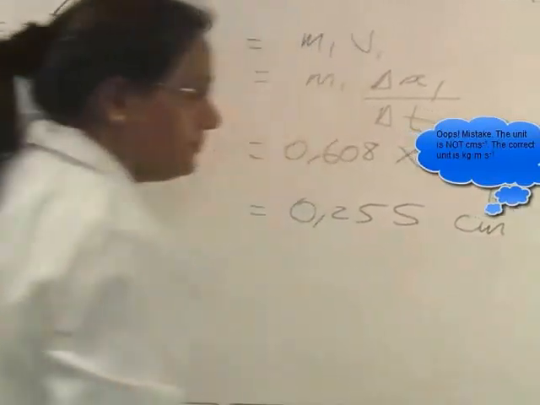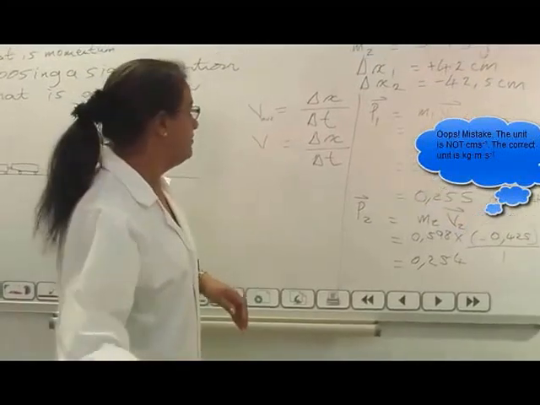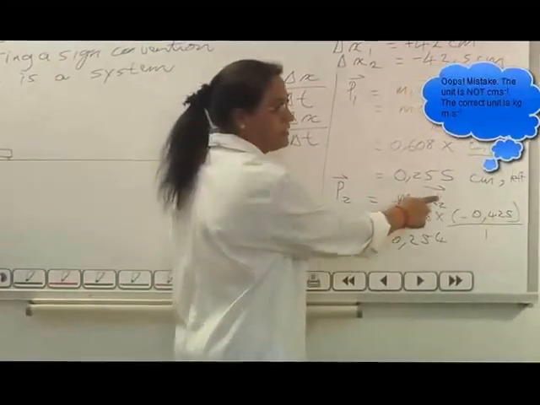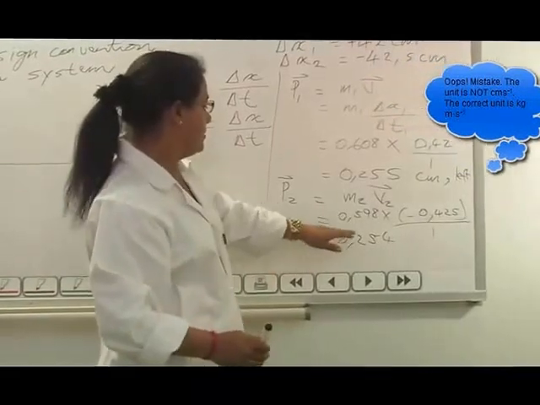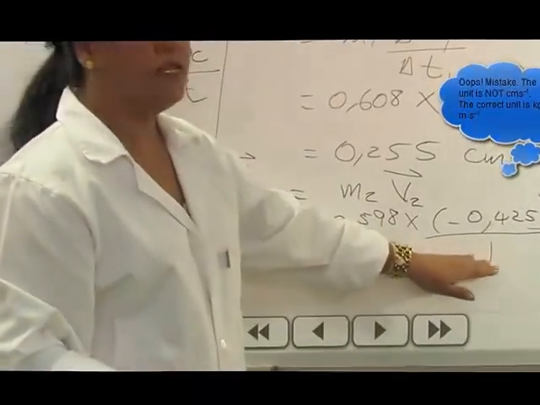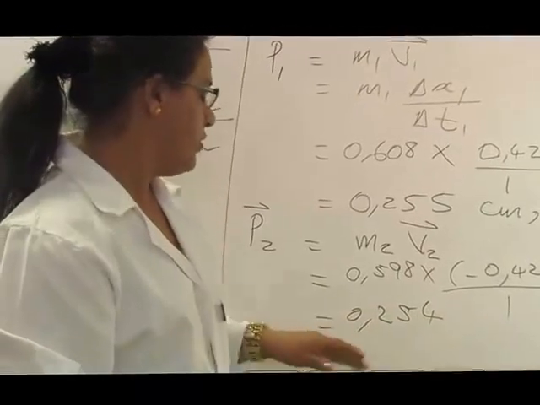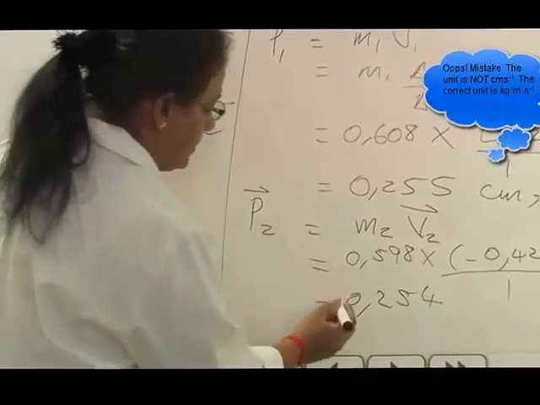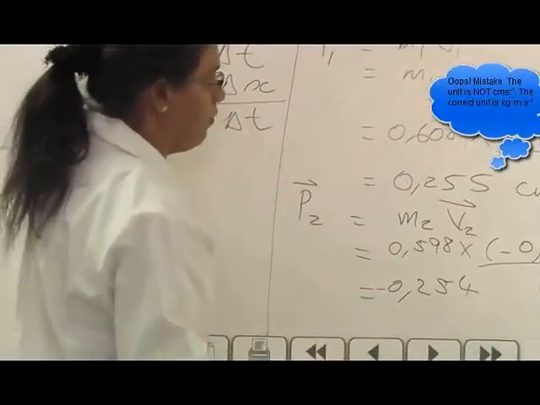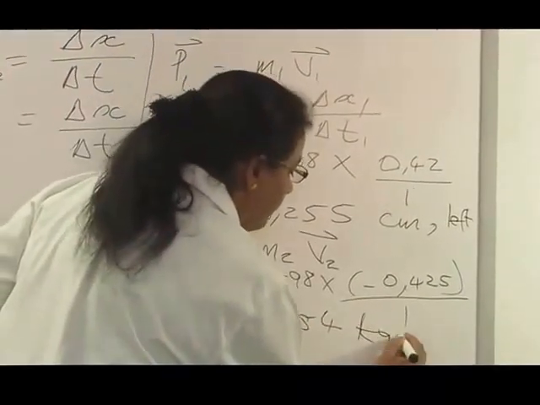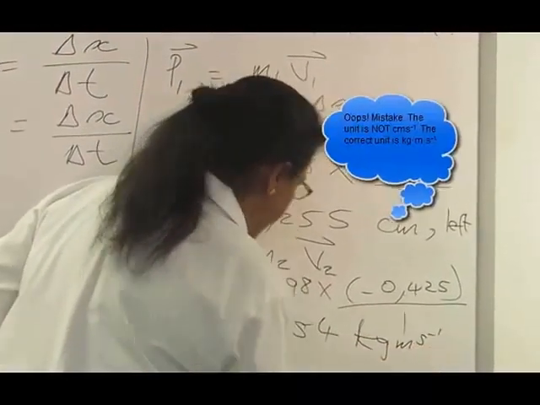The momentum of the second trolley, momentum 2, will be its mass times its velocity, which is 0,598 times minus 0,425 over 1, which is equal to minus 0,254 kilogram meter per second.